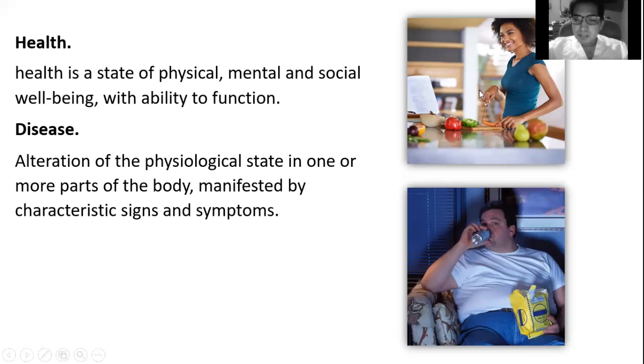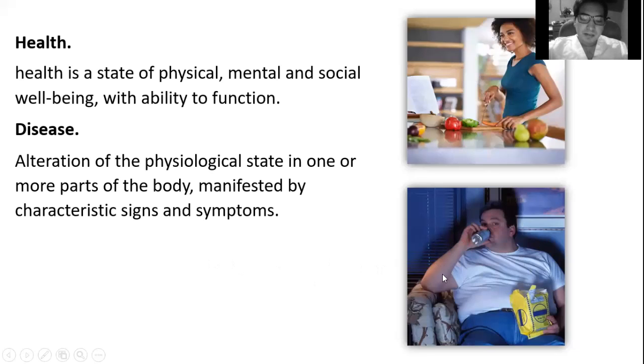In this picture, we have a healthy person preparing and eating healthy food. Under this person, we also have an unhealthy person sitting on his couch, and as we can see, he is eating unhealthy food.